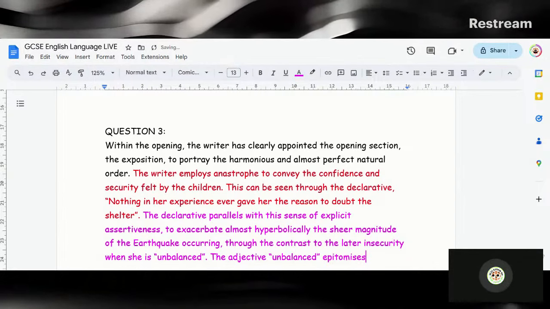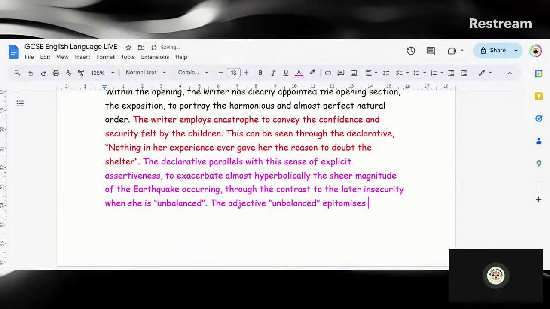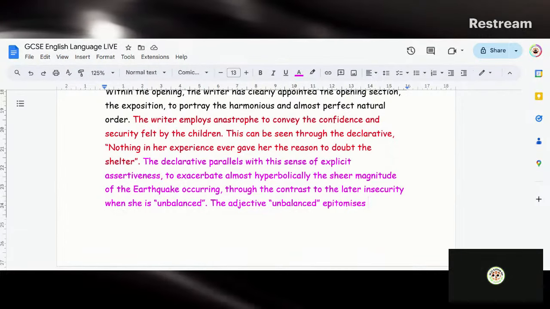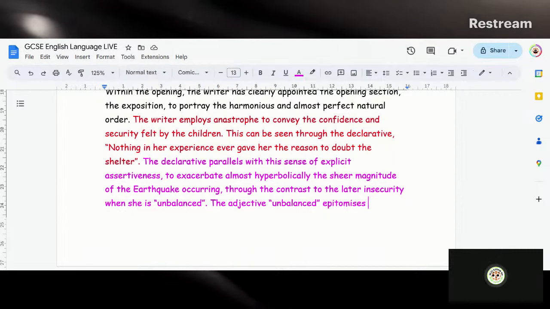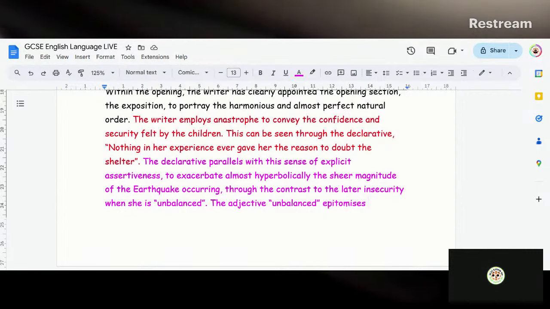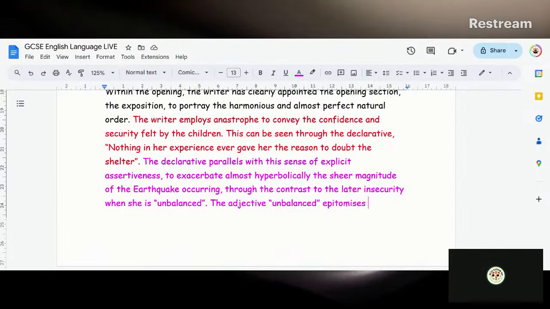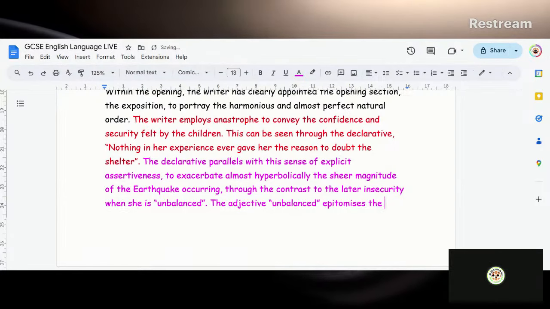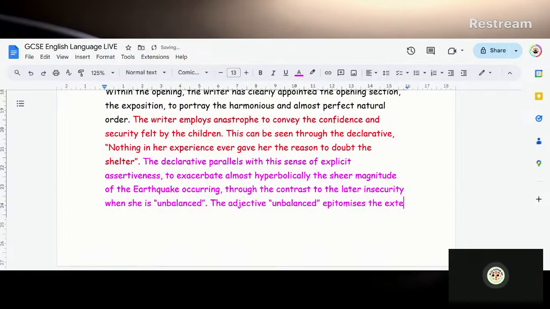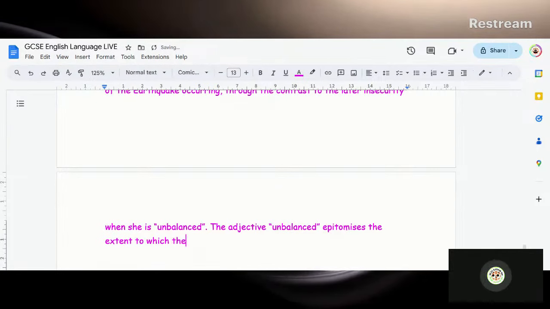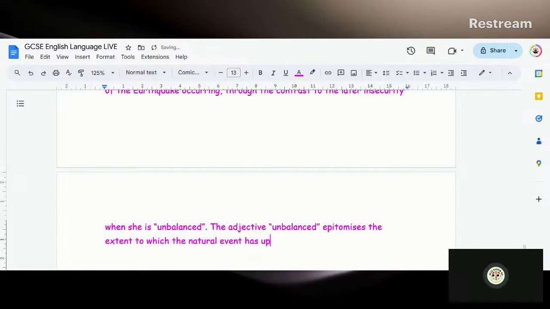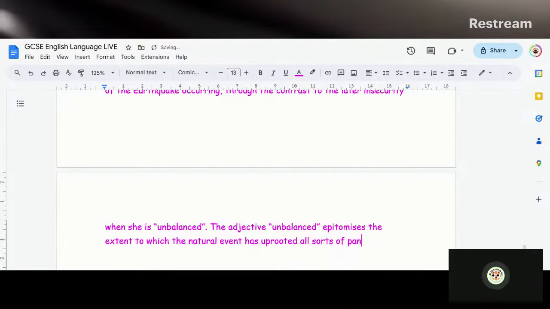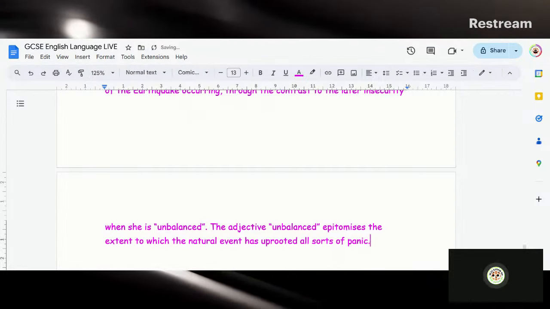The adjective unbalanced epitomizes the direct contrast, obviously, of what's happened. Epitomizes the extent to which the natural event has uprooted all sorts of panic. Yeah, all sorts of panic.